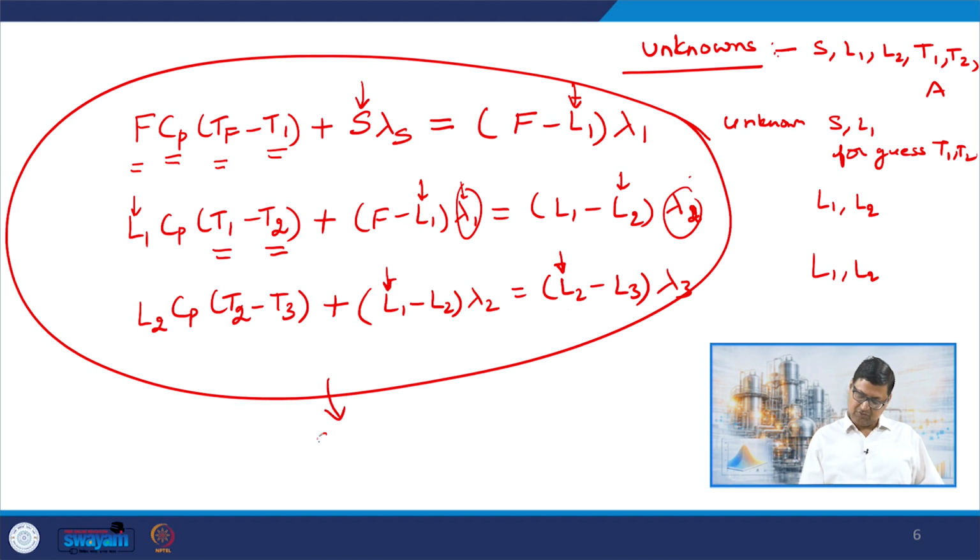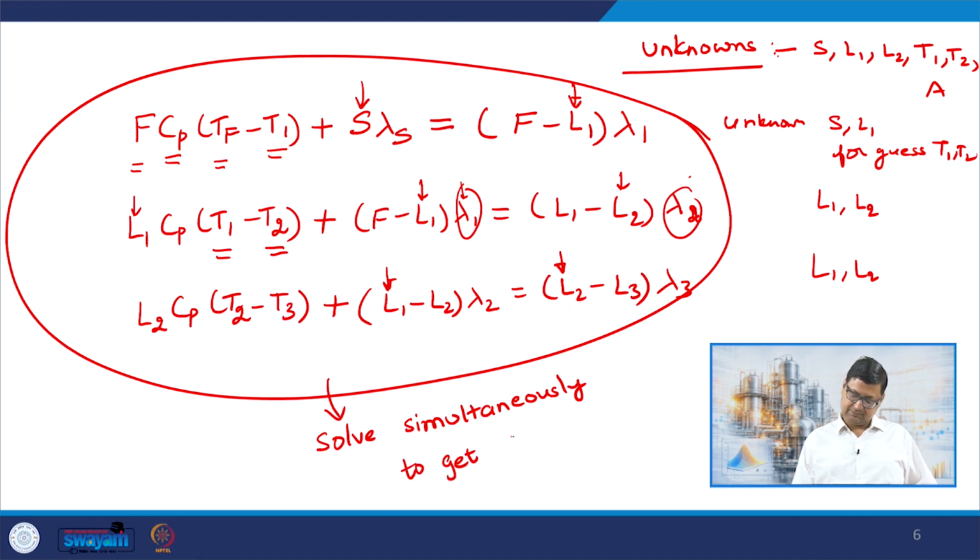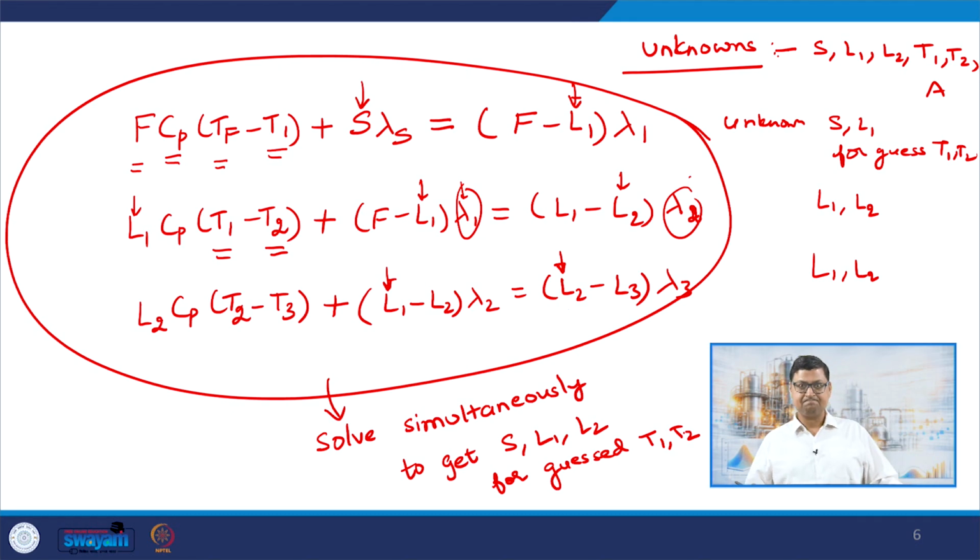So let us solve again simultaneously because it is coupled, but simultaneously solving three equations is easier than simultaneously solving 6 equations, right? Let us solve simultaneously to get S, L1, L2 for guessed T1, T2, right?